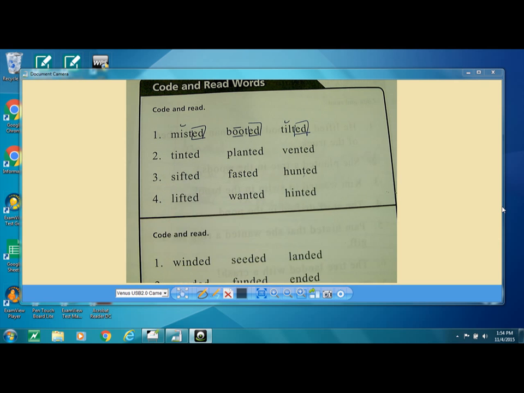I'd like you to try the second row here. I'm going to give you 1 minute to code the second row, then we're going to read them. If you say you're done with the coding, then you take the time to make sure you tell yourself what the letters say, so that when it's time to read, you will be ready to read.